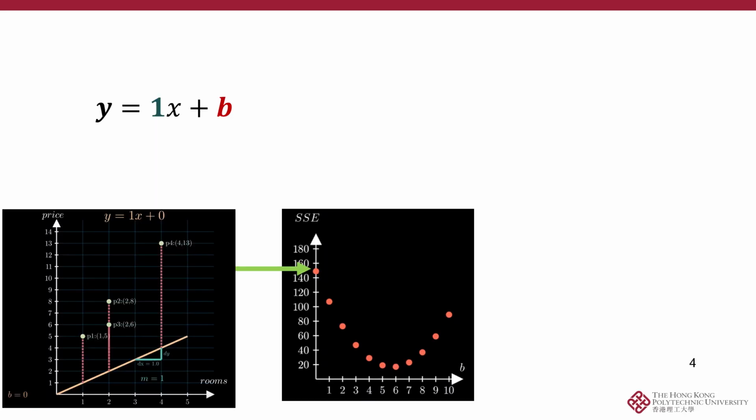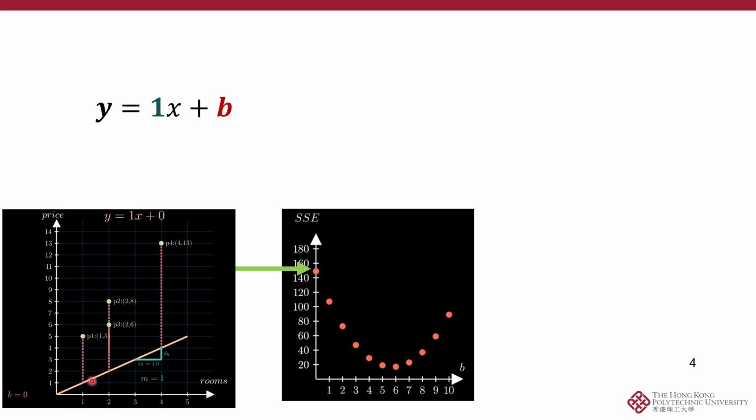Similar to the previous slide, we use the SSE. We plot the different linear equations, and for each one we have different errors at the data points. Suppose b equals 0.